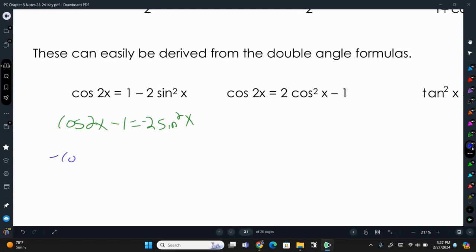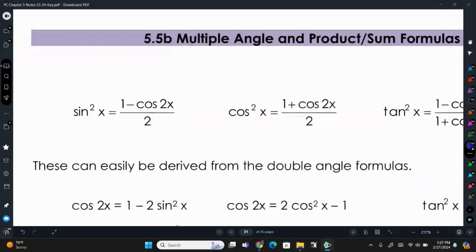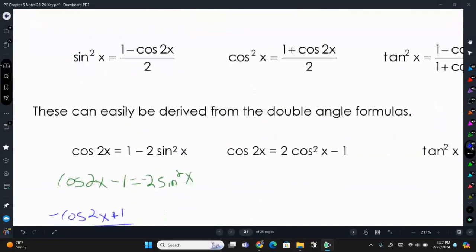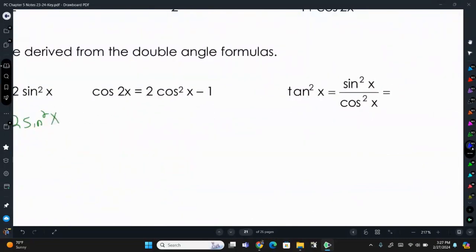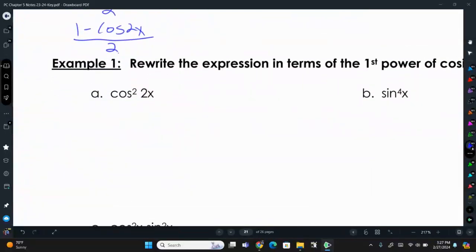So we get negative cosine 2x plus 1 over 2, and then we can rearrange the numerator to make it 1 minus cosine 2x over 2. And like we said, that is the same formula as we have up here for what sine squared is equal to. So instead of verifying the other ones, we're just going to start using them.